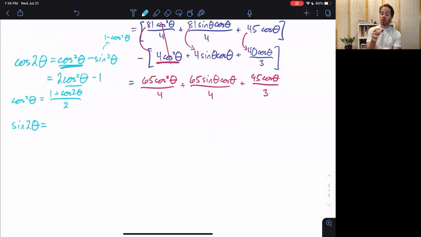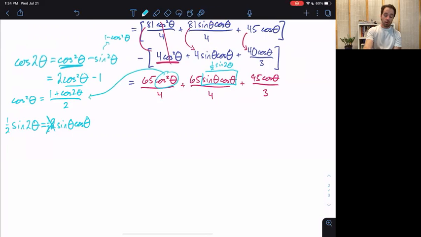But this is a case where you need to know sine of 2 theta. That's 2 sine theta cosine theta. So what if we take 1/2 of each of those? Well, now it's simply sine theta cosine theta. So the sine theta cosine theta factor here is going to be replaceable with 1/2 sine of 2 theta. And the cosine squared thing is going to be replaceable with that.